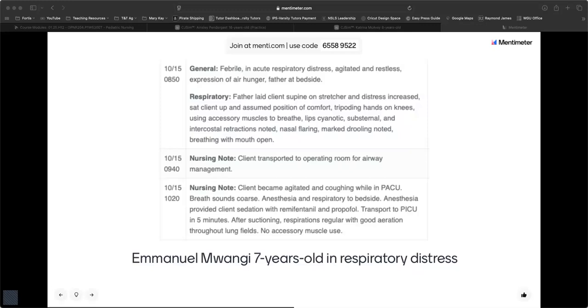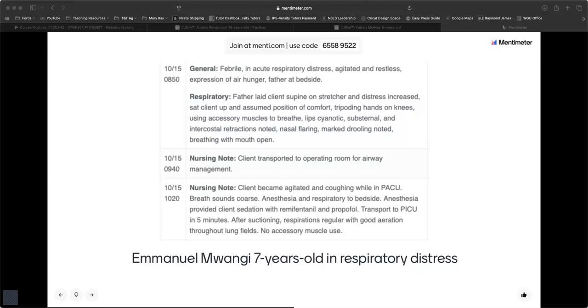So we bring anesthesia to the bedside so we can intubate this patient. We give them some rapid sequence intubation medications so that they are cooperative. We don't cause any additional airway trauma. And then we are able to suction and develop good respirations and alleviate some of that respiratory distress.